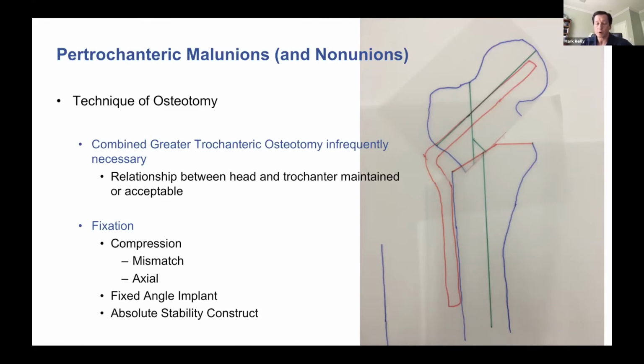The intertrochanteric osteotomy for this situation, we have the possibility for large surface areas, but still without compression, we're likely to run into problems with our osteotomy healing. We want a fixed angle, absolute stability construct. And we don't typically need to bone graft large defects, but any bone that's left over can be added to the shoulder of the osteotomy to help for healing in these situations.